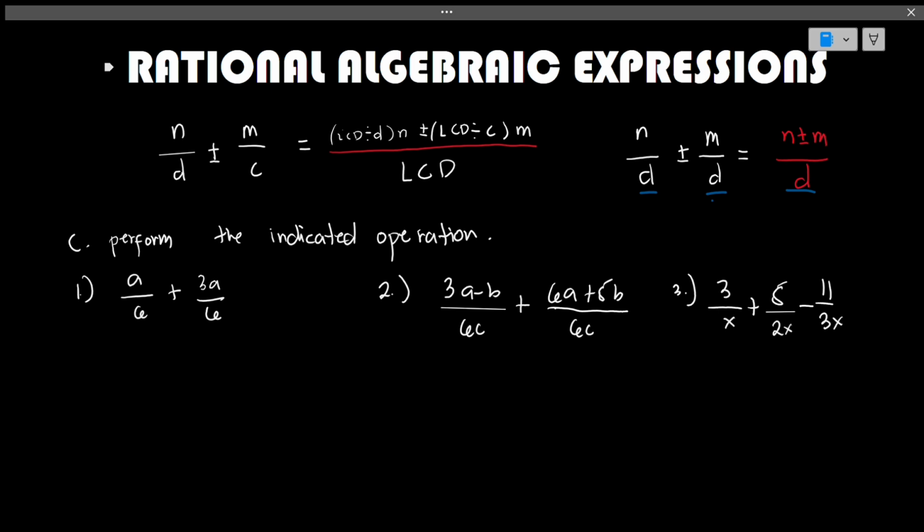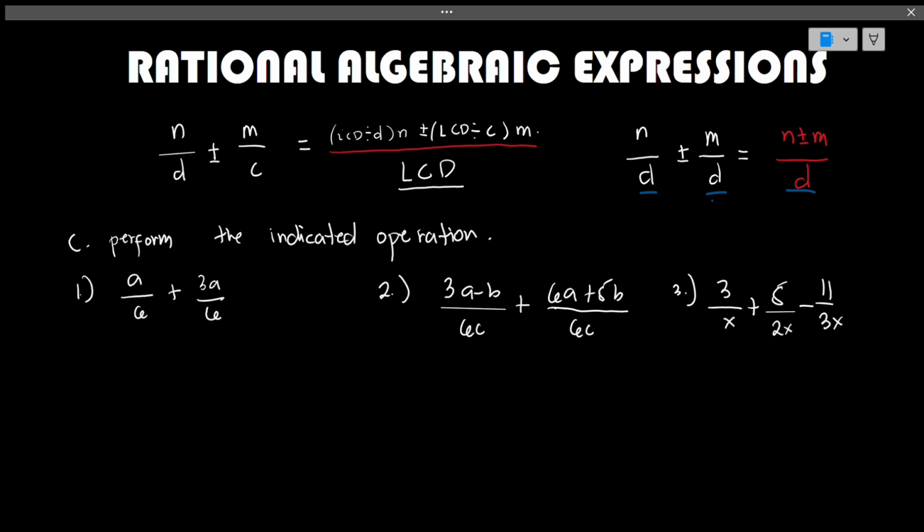Now, how about if it's a similar denominator? In this case, we need to find the LCD. After getting the LCD, to get each numerator you take the LCD divided by the denominator, multiplied by the numerator n, plus or minus the second fraction: LCD divided by its denominator, then multiplied by its numerator.